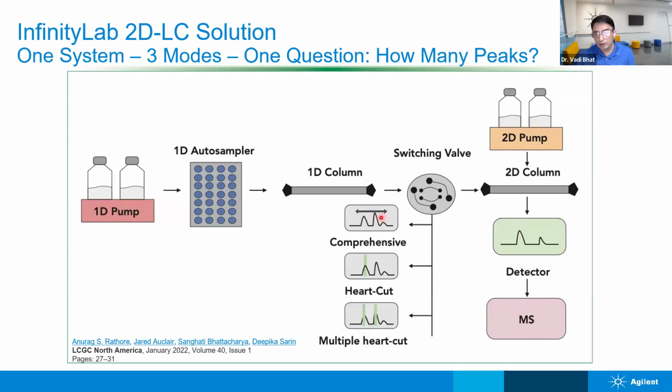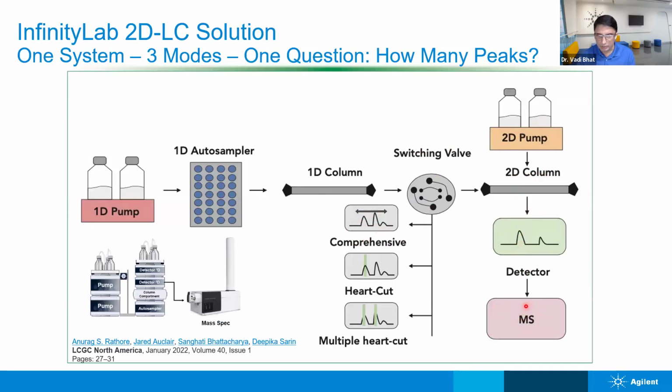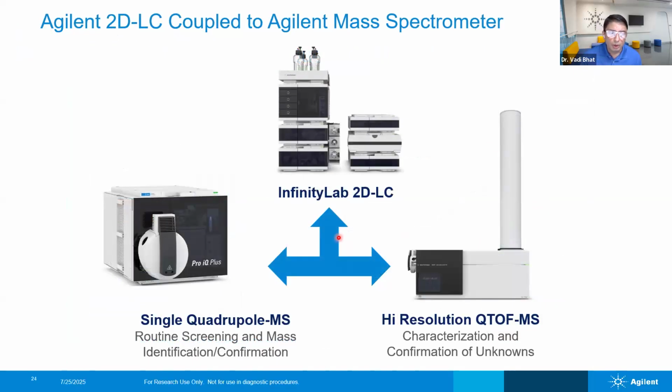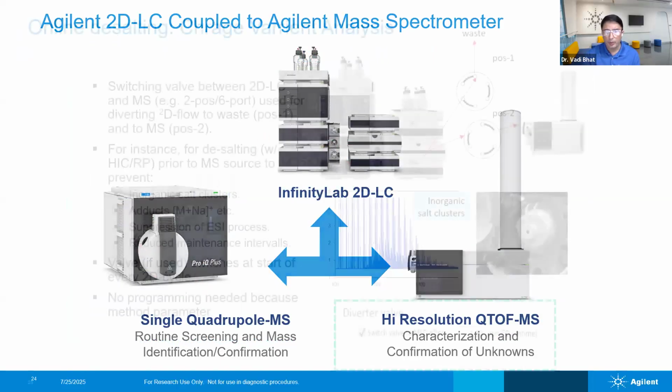The first dimension detector is typically a UV detector, and you are collecting particular fractions online, sending them into the second dimension for further separation or desalting, or sending to the mass spectrometry for analysis. And integration is very simple because the software can handle that. This is just showing that the mass spec can be a simple single quad mass spec or a high resolution mass spec.